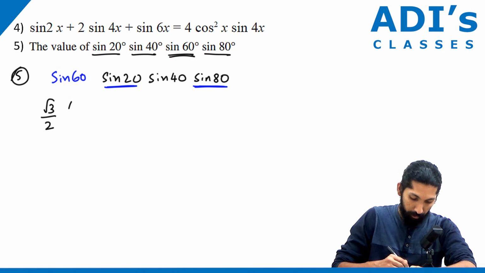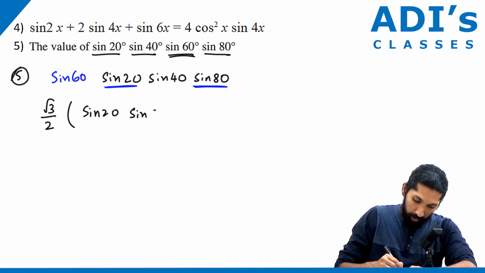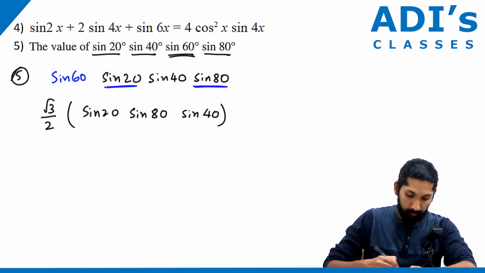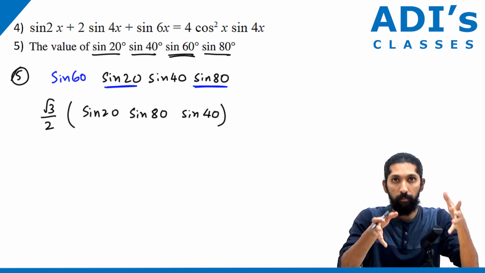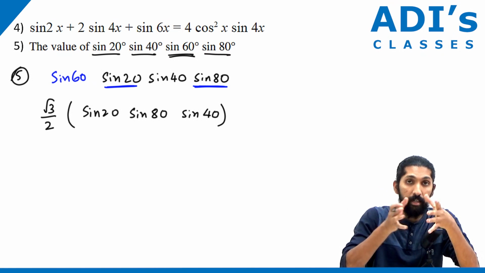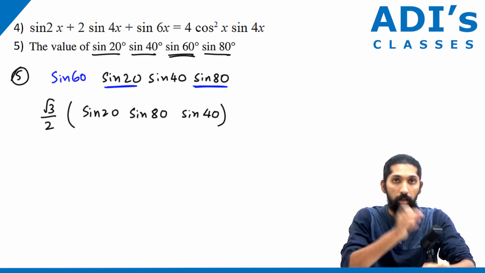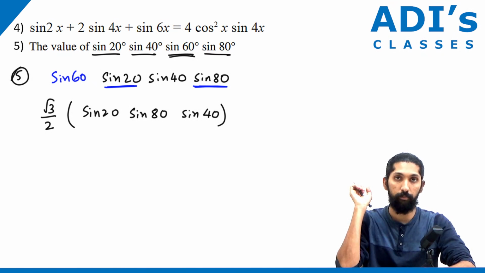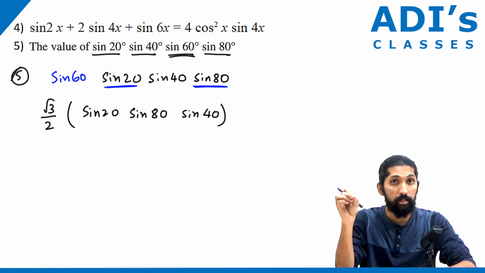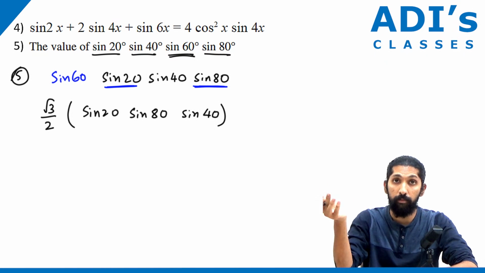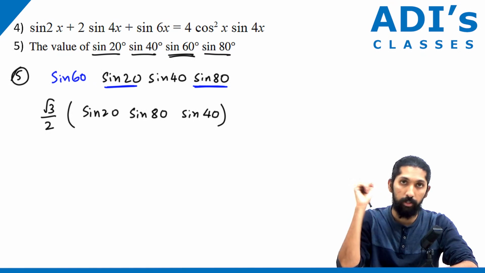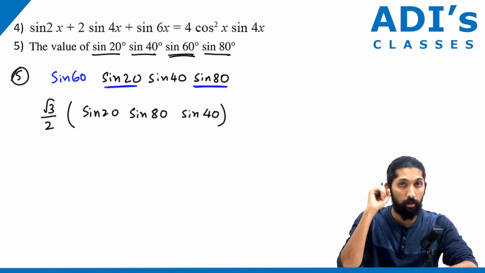So which is into sin 20, sin 80, sin 40. Fair enough? Now we have the formula sin x into sin y. Now 2 sin x sin y we know, right? What is 2 sin x sin y? If you remember, what is sin x into sin y? You are going to have cos function, correct? The difference in terms of cos.